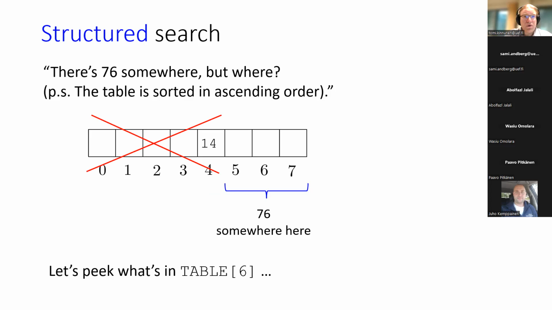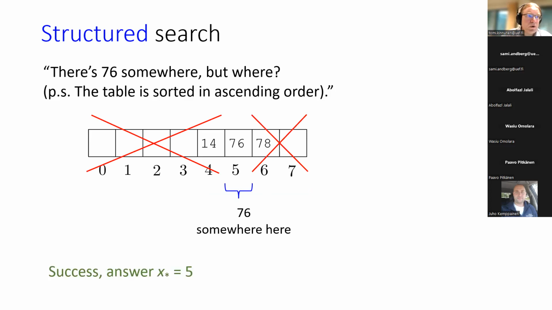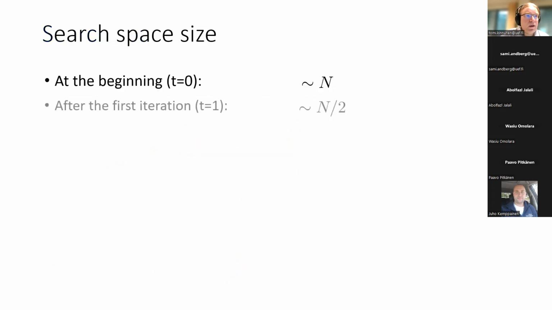So it has to be on the right-hand side, because everything to the left is lower than 14. That excludes these states. Now you go to the right and again exclude the last 2 items. And now you've located this one here. I hope this is very familiar to everyone. Just good to repeat every now and then.